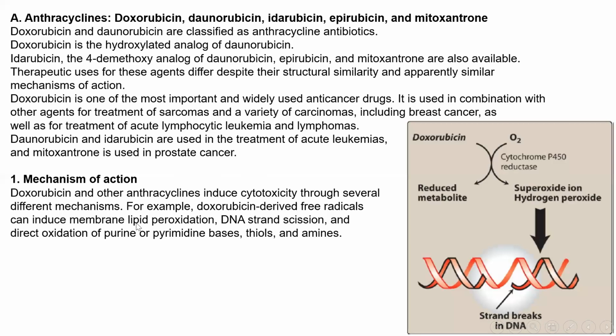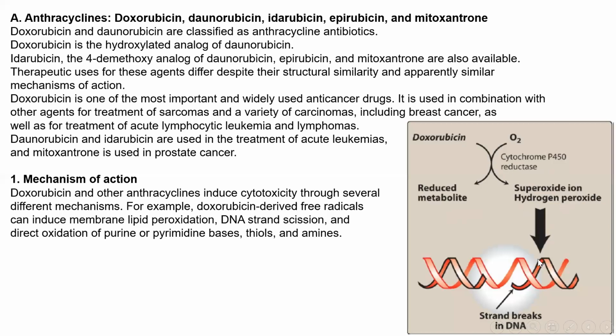The mechanism of action, as we said in the beginning for this class, taking doxorubicin as an example: there is generation of free radicals, as we can see here in this figure. Doxorubicin is converted to a reduced metabolite, and this causes a release of electrons, and electrons are responsible for generation of free radicals, superoxide ions, and hydrogen peroxide.